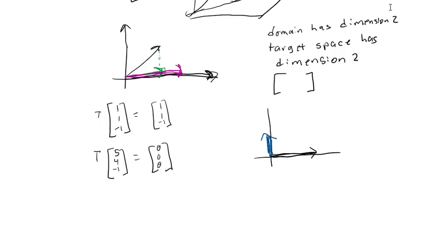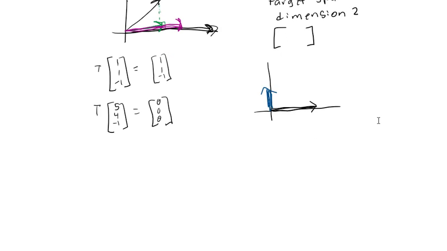So our transformation matrix B is going to be the transformation of the first basis vector in our new basis, and the transformation of our second basis vector in our new basis.